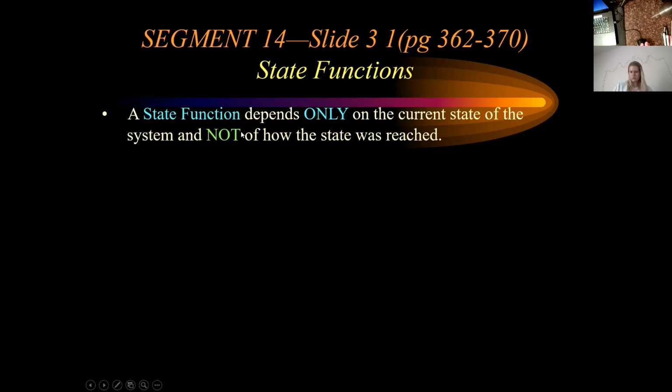Now we're going to start looking at what we call state functions. Simply stated, a state function is anything where you have an initial state and a final state, and the change in that function doesn't matter how you got from state 1 to state 2. It is independent of how you get from place to place.